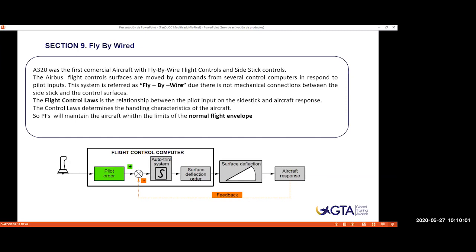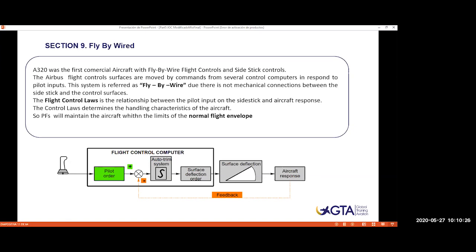Because there is no mechanical connection between the side stick and the control surface. There is no wire, no line, no mechanical connection joining the side stick, your horn, to the control surface.